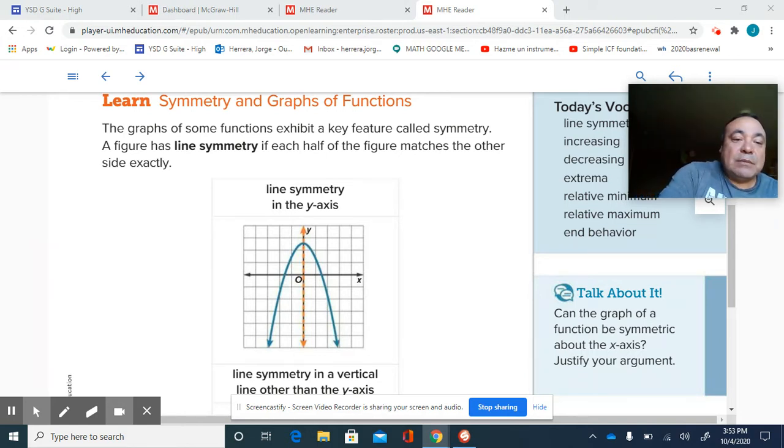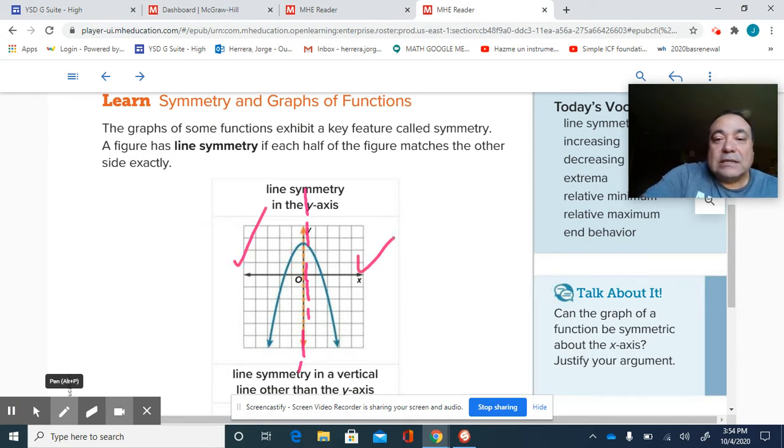So, for example, here you can see the line going this way, across the y-axis, basically. It splits the graph in two. The exact graph on this side is on that side. So that's why it's a line of symmetry: it matches the other side exactly.